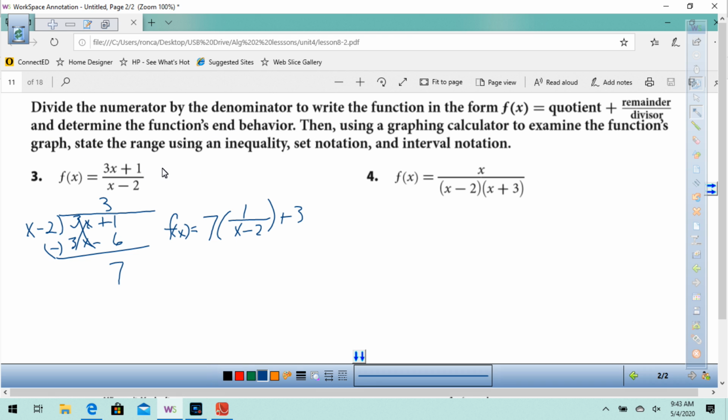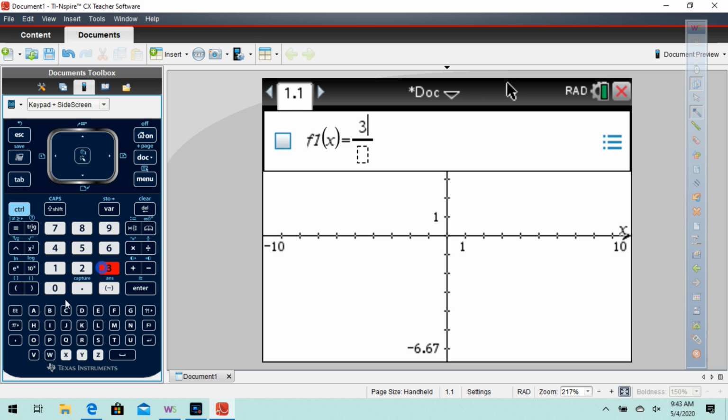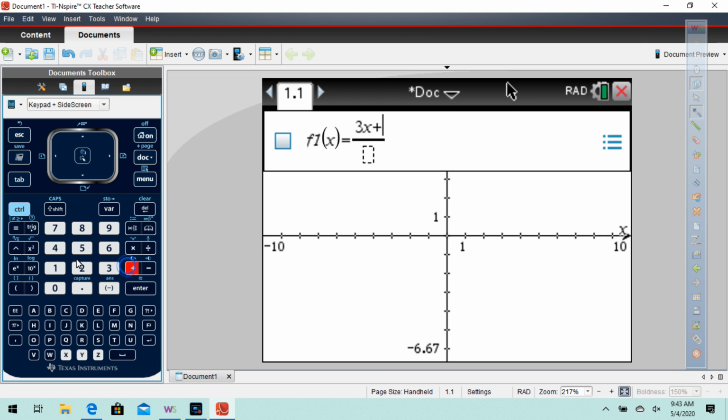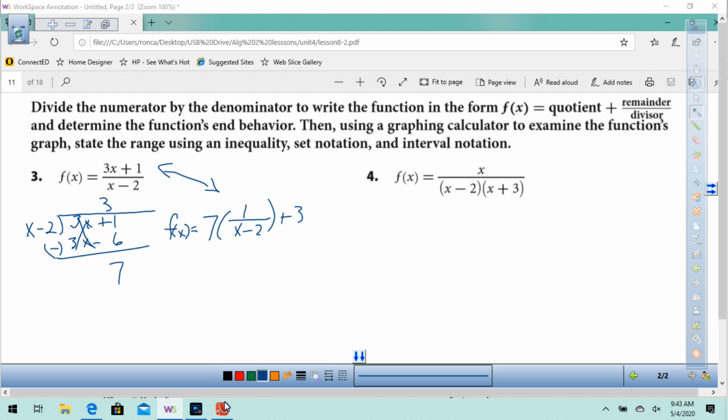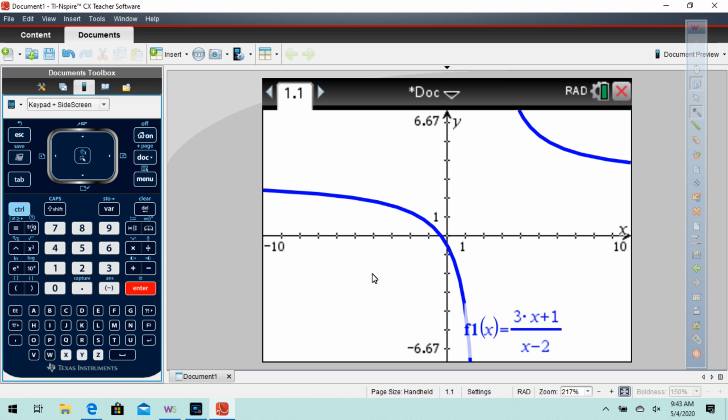All right, let's check these two and see if they are equivalent. Control, divide, 3x plus 1 and then x minus 2. And then there we go.